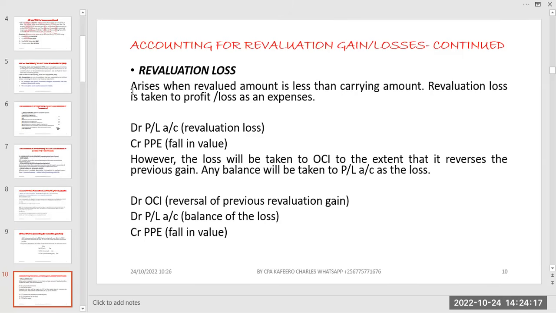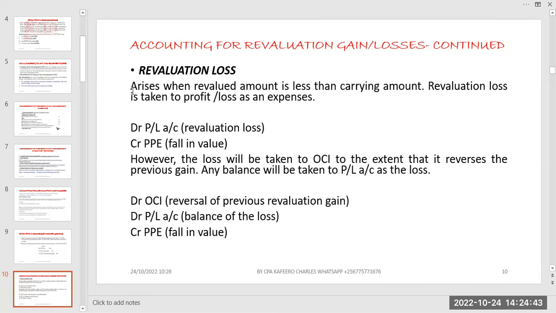But now what will happen is that if on the second revaluation the asset had the whole 15, we shall increase the asset by that 15 million. Because remember, by all means, what you are taking to the balance sheet must be the revalued amount, not the previous carrying amount.